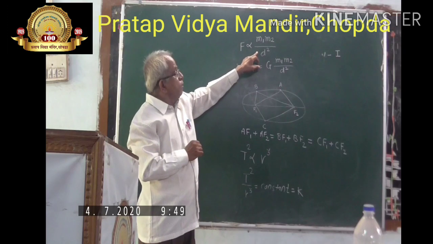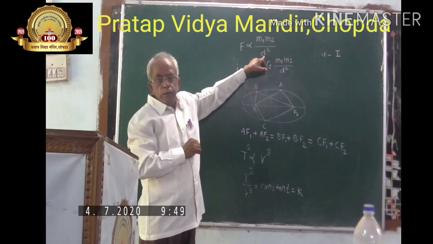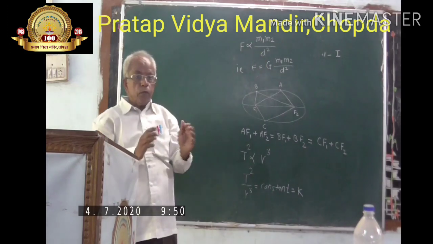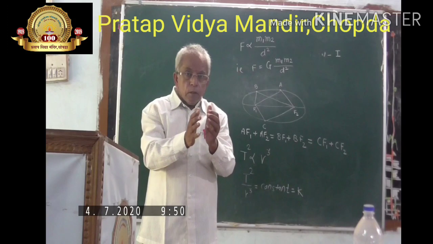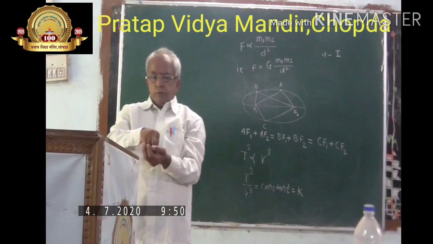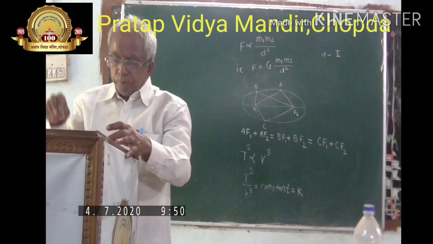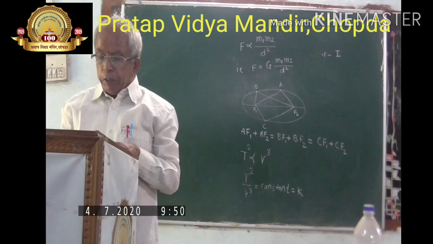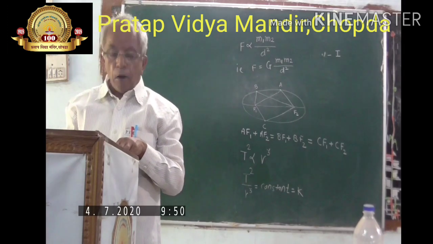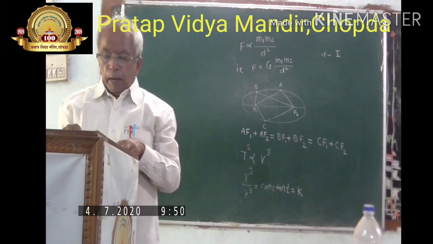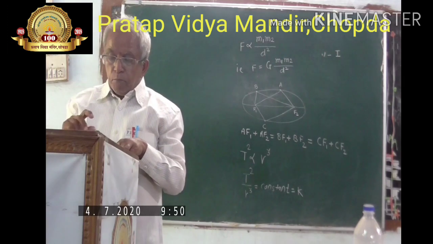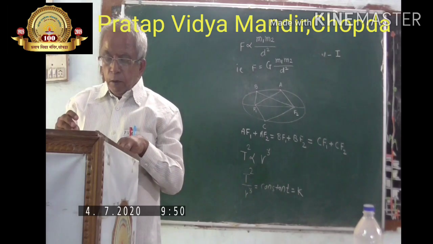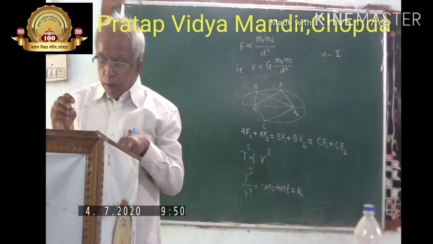If d is doubled, at that time force becomes 1 upon 4th of original force. It means that if distance is doubled, the force decreases by a factor of 4, and if mass is doubled, the force becomes double.